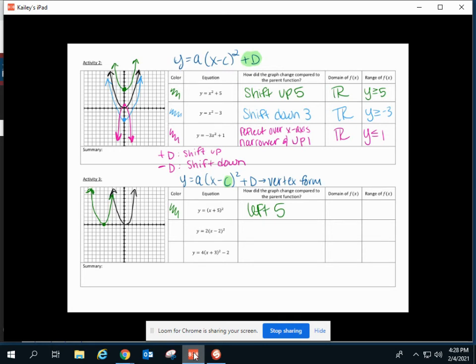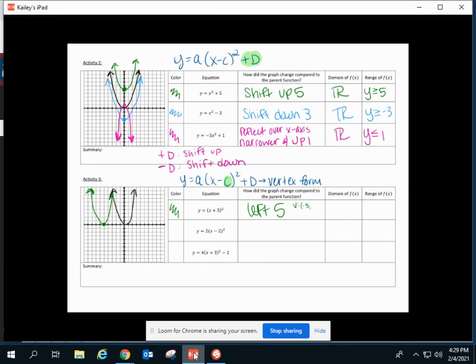Since we're already experts on vertex form, before we finish this one out, let's think about where the vertex of this one would be based on the equation. Okay, so we know for vertex form, this is the x value of our vertex, but we have to change the sign. So that means it would be at -5. And then the y value of our vertex comes from this back part of the equation back here.